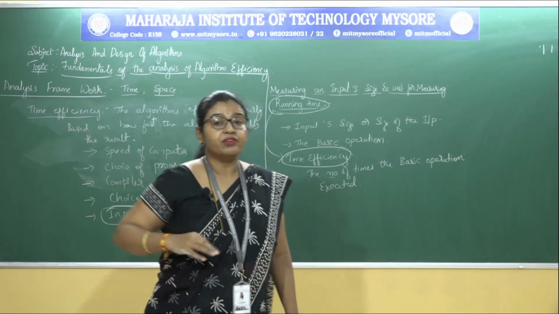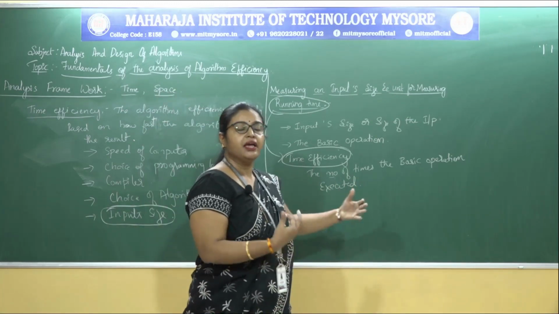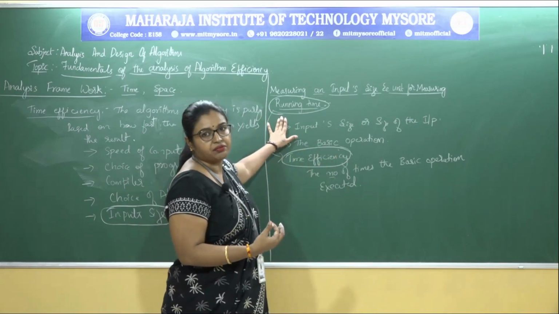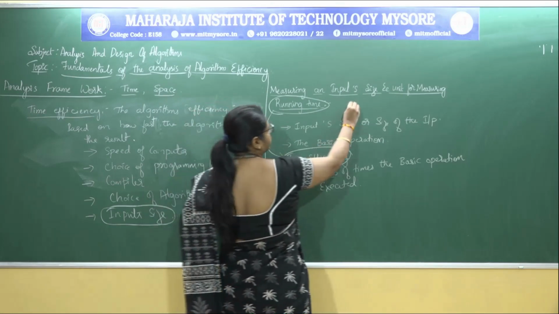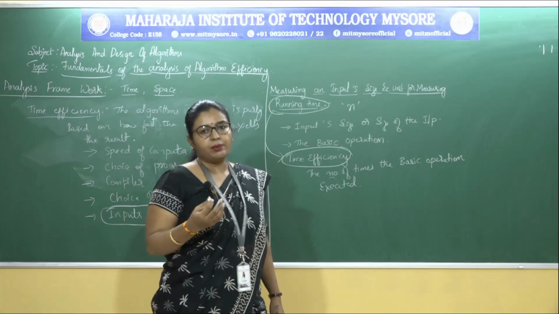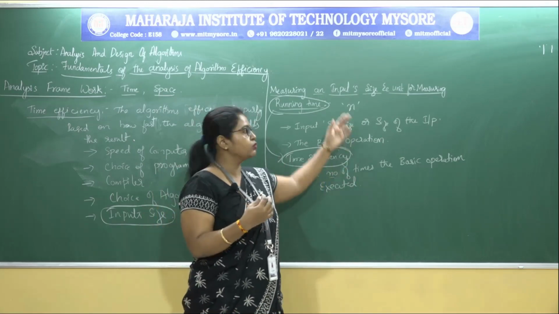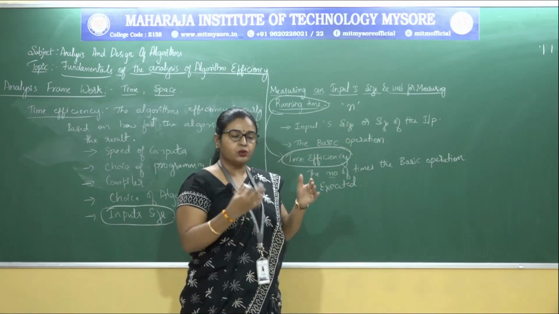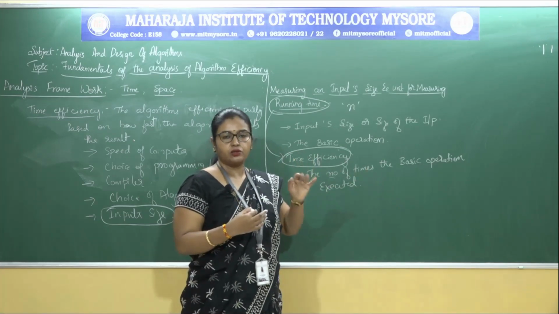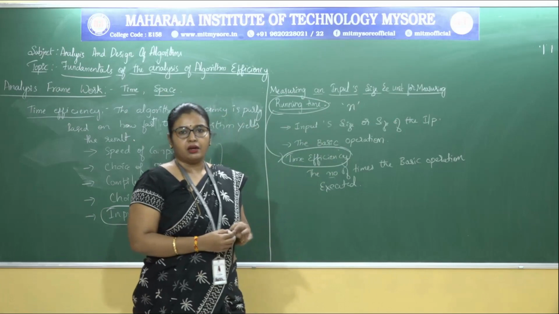So we can define our time efficiency like this also: the number of times the basic operation is executed is also known as time efficiency, or the running time, for the given input of size n. Usually we will call the size of the input n itself. Why? Because whatever algorithm you take, we generally specify the size of the input by n only. Okay. So n is some integer value: 0, 1, 2, 3, 4, 5, 6, like that. Usually we represent it like this.